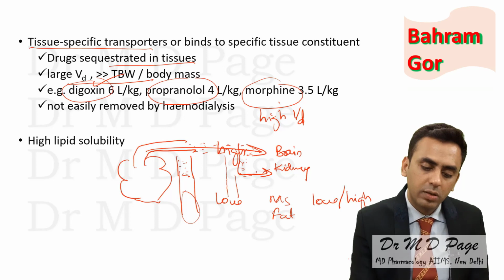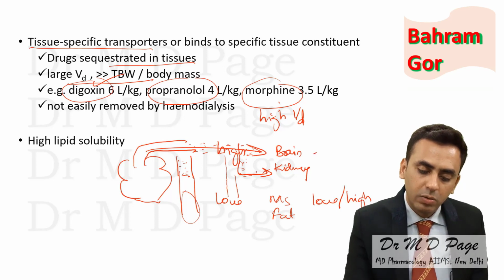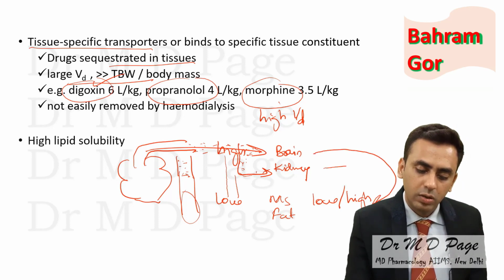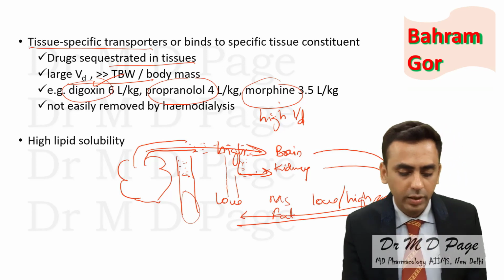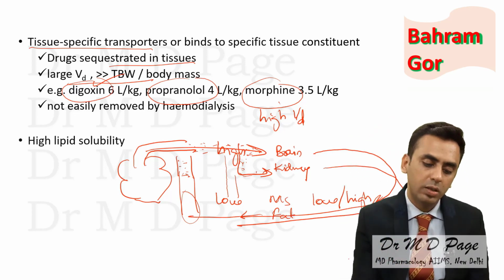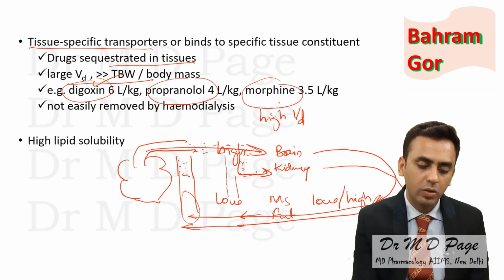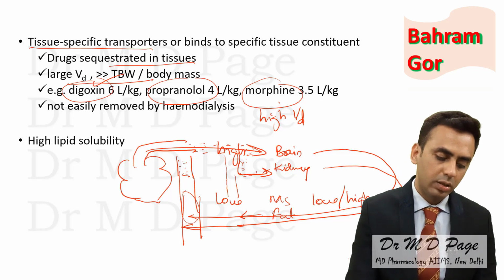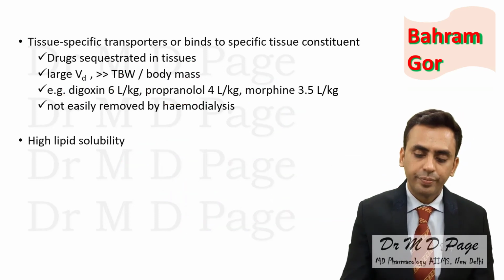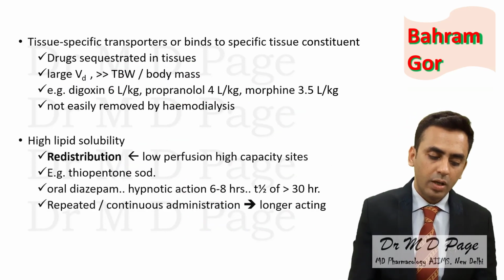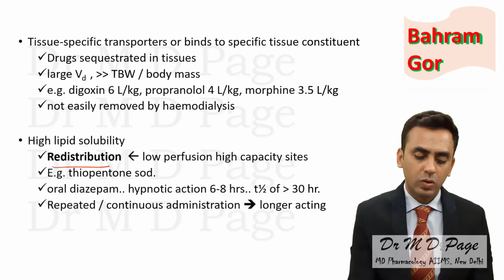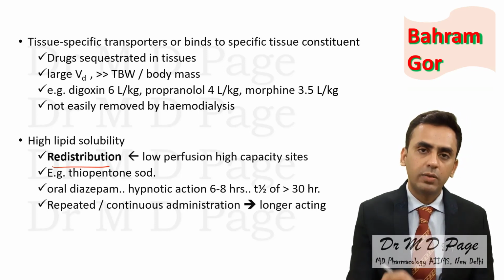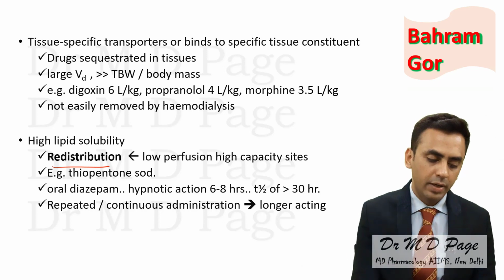So the drug gets redistributed from the tissue back into blood, because the concentration in blood is lowered. This is known as redistribution. It is because of low perfusion, high capacity sites, for example skeletal muscle and fat.